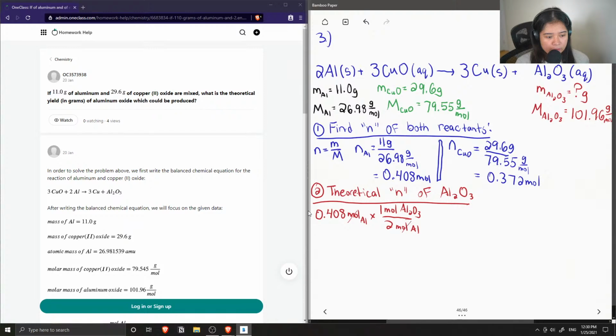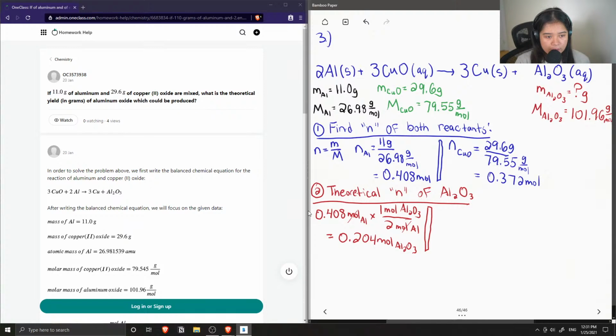And that's how you convert from moles of aluminum to aluminum oxide. So it's pretty much dividing its number of moles by 2. So you get 0.204 moles of aluminum oxide if all of our aluminum reacts.